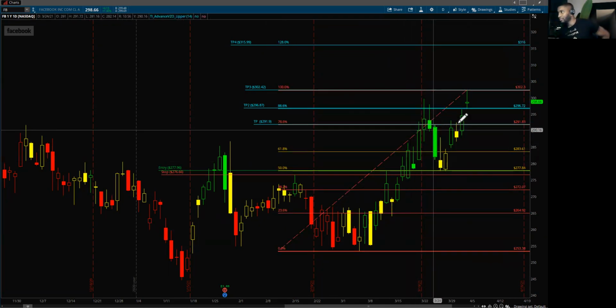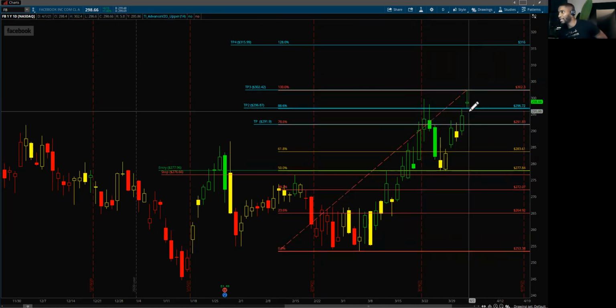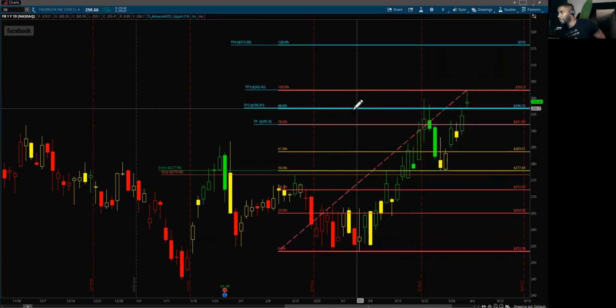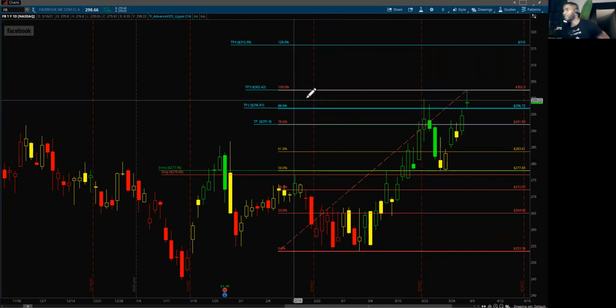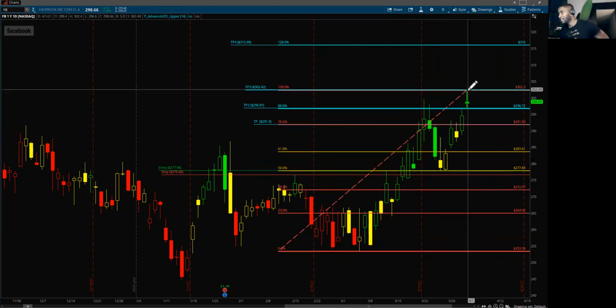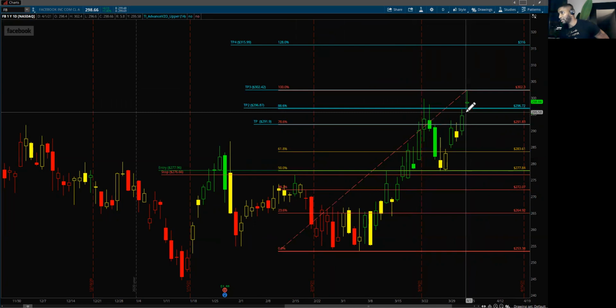That second price take profit point for me would be the 88.6% Fibonacci retracement level. This 88.6 isn't in here by default. I added it here, but it's weird because it actually hit here. It bounced off that support and went there.